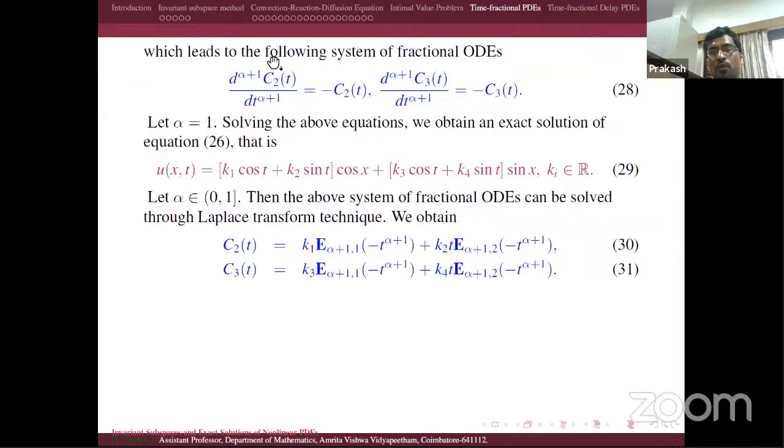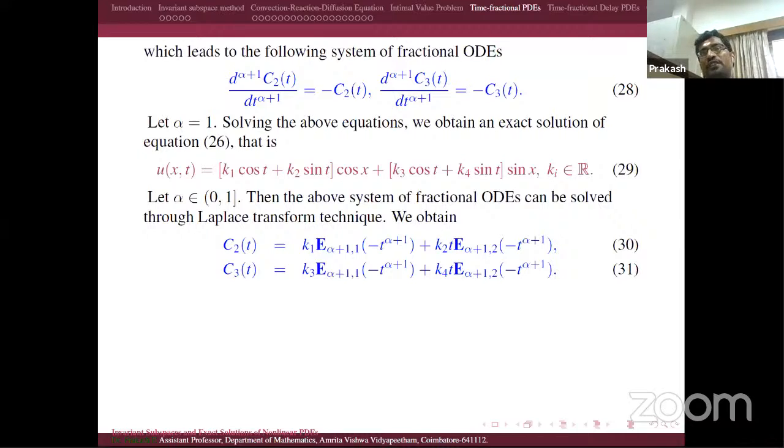Then the above system of fractional ODEs can be solved through the Laplace transformation technique. C2 of t and C3 of t we obtain in this form. But what is this? This is a Mittag-Leffler function. The Mittag-Leffler function is a generalization of the exponential function, because we know the exponential function naturally occurs as the solution of a differential equation.